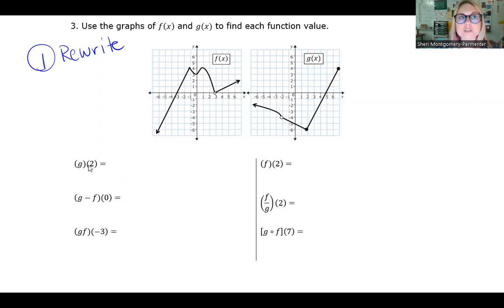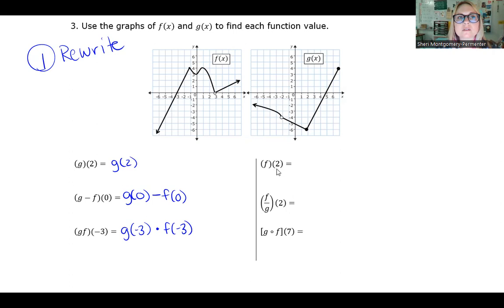So what this means is just g of 2. We're going to go through and rewrite all of them first, because that's half the battle. This one is g of 0 minus f of 0. What operation is this when they're written together? Multiplication. Very good. So g of -3 times f of -3.